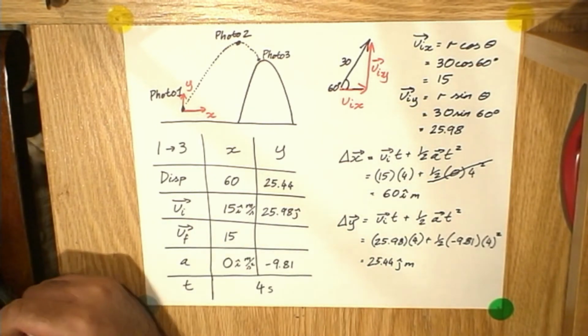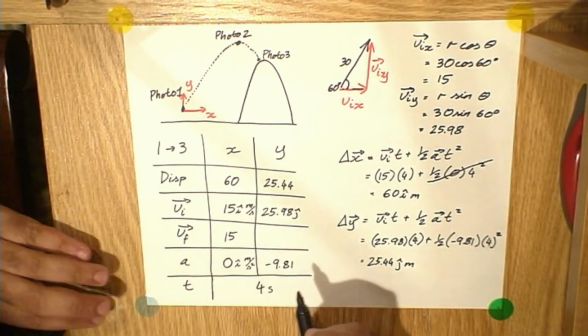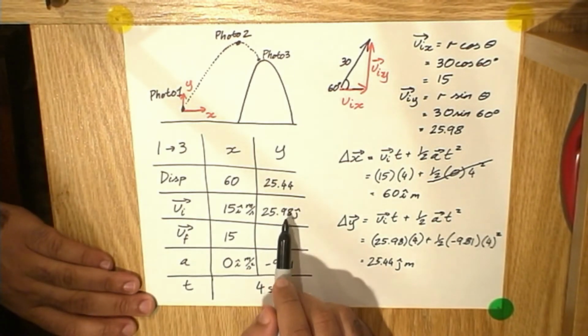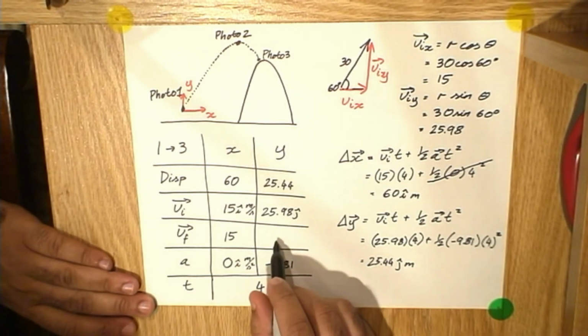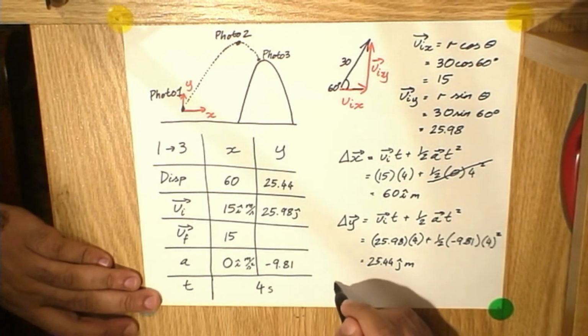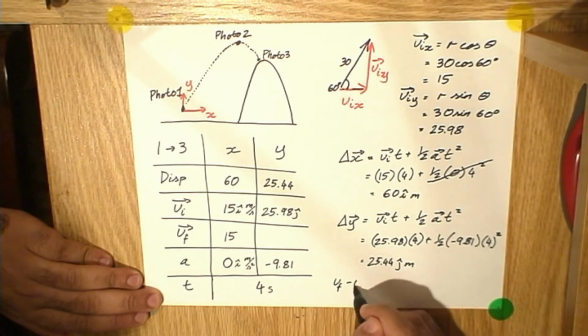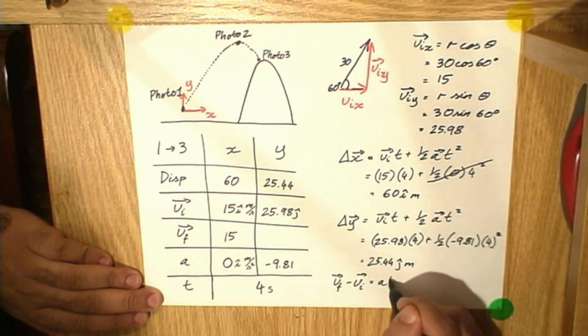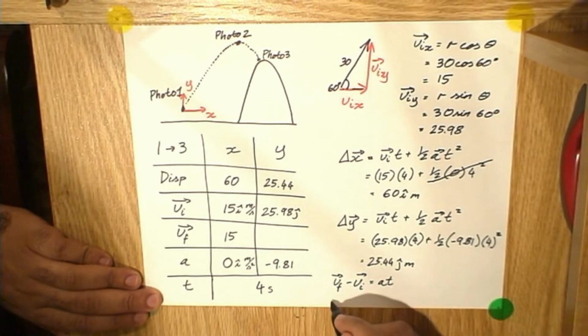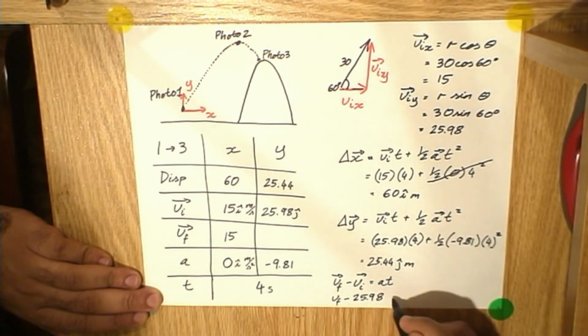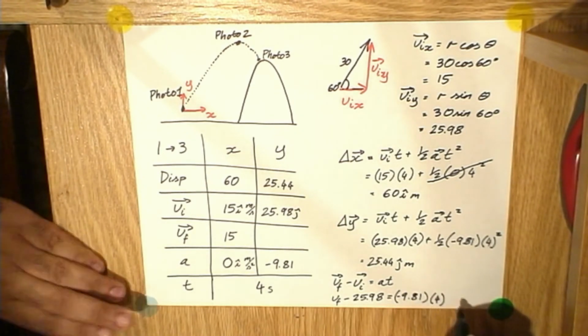But in the y direction, things are a little bit more interesting. So we have an initial velocity, we have an acceleration, we have a time, we are looking for final velocity. We can use toolbox equation number 1 to solve this. So Vf minus Vi is equal to acceleration times time. Vf is unknown, minus Vi is 25.98. And all of that's equal to negative 9.81 multiplied by 4.